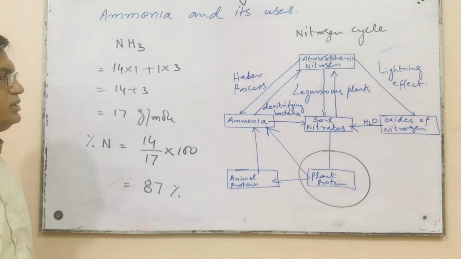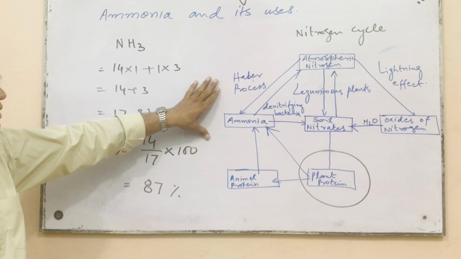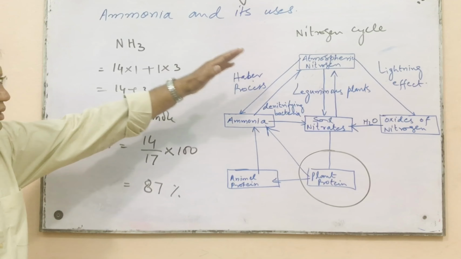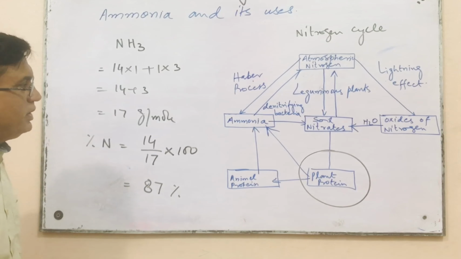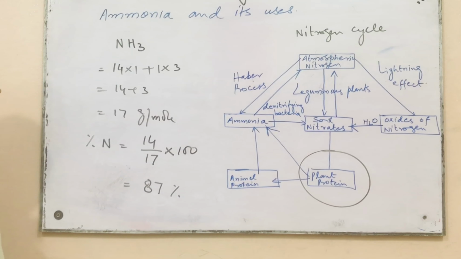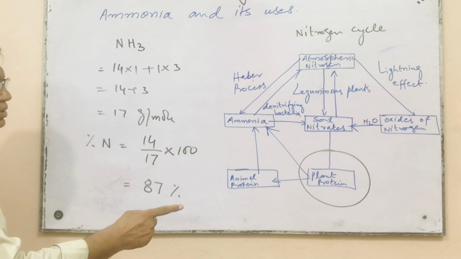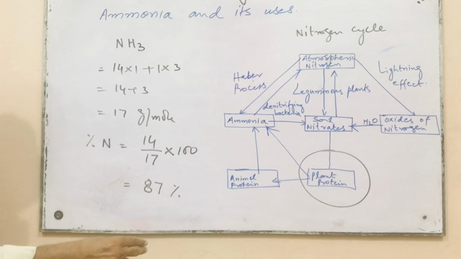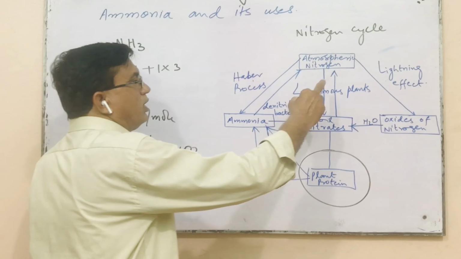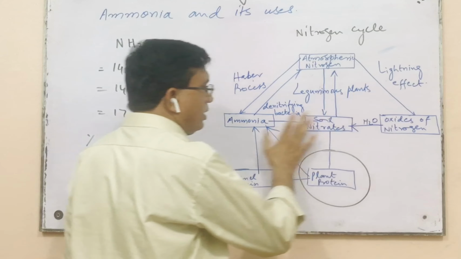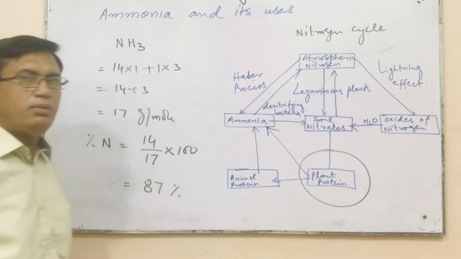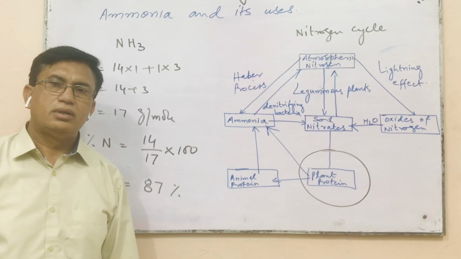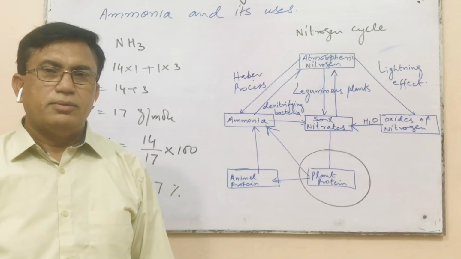Now, this is the nitrogen cycle in which all the processes are taking place, and this nitrogen cycle is responsible for the conversion of nitrogen or nitrogen fixation into different chemical compounds and then back into elemental nitrogen once again.